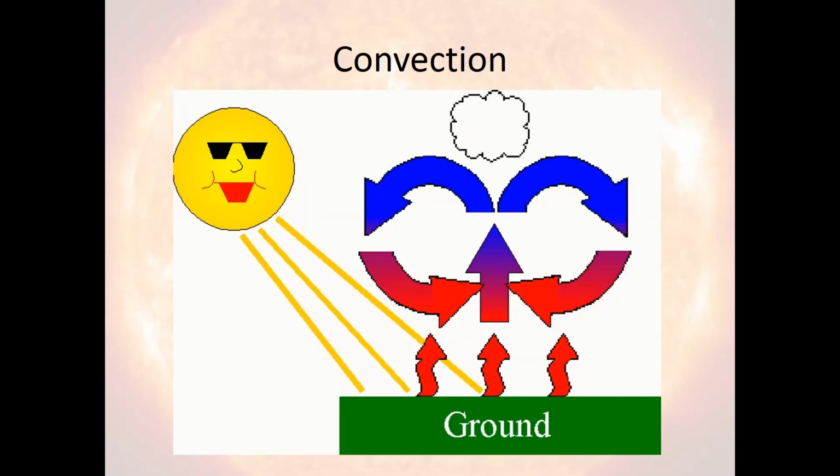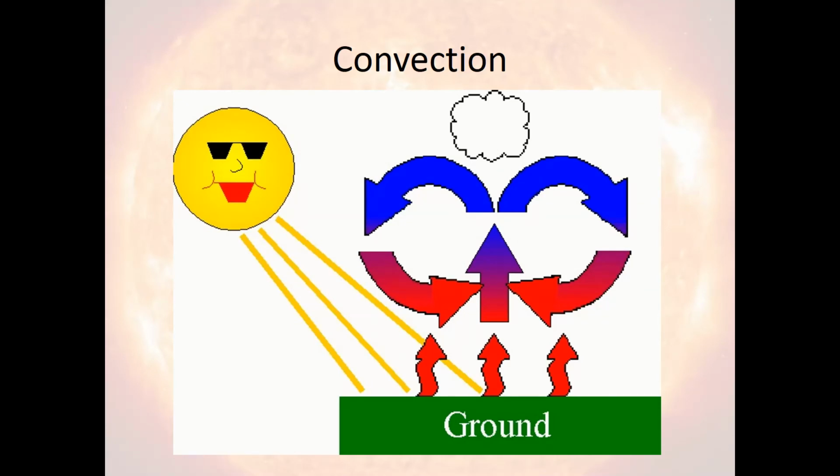But now you have this very warm air that then rises, creating thermals. As it rises, it pushes cold air down. That cold air comes in to take its place. It's then heated up by the ground, and then it rises. And it creates this perpetual circular motion. And so it creates these air currents.